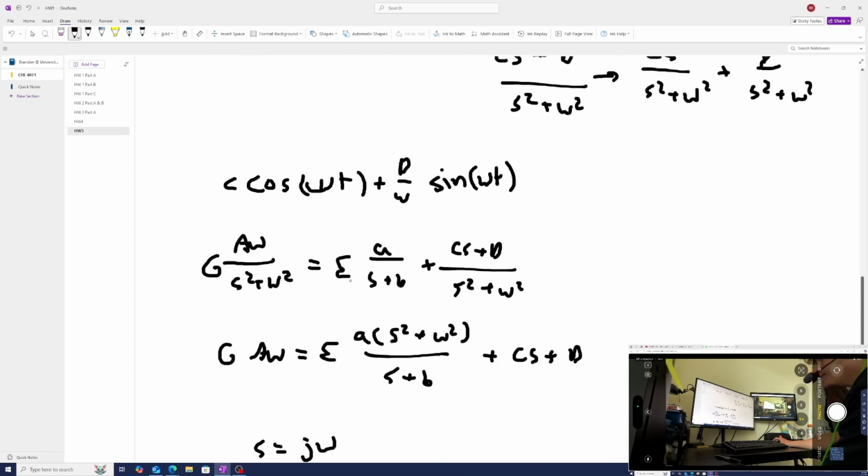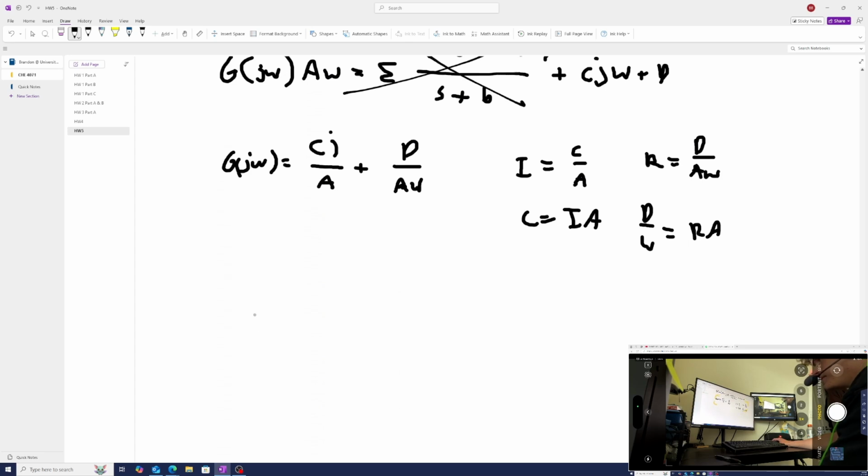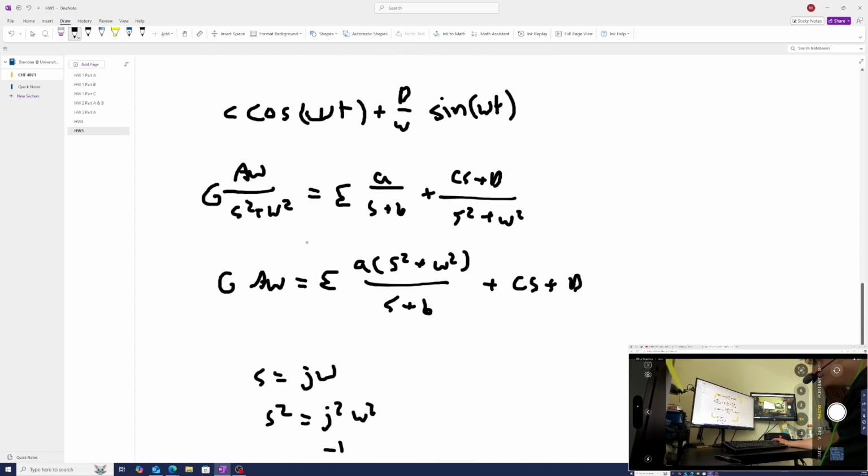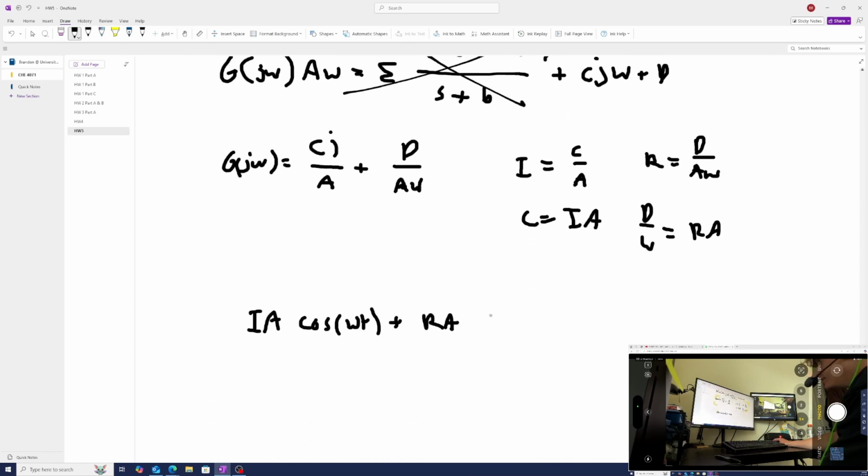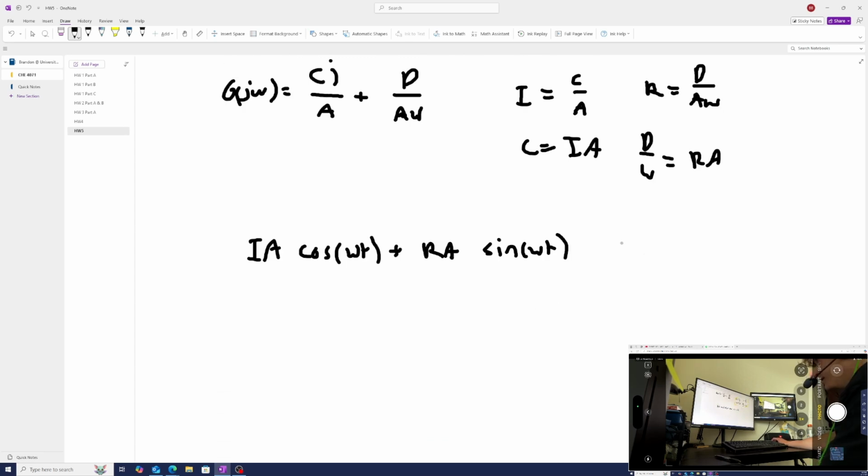which we can then substitute back into our equation up here, giving us I times A cosine omega t plus R A times sine omega t. We can represent our I and our R as cosine and sine functions with the phase lag.